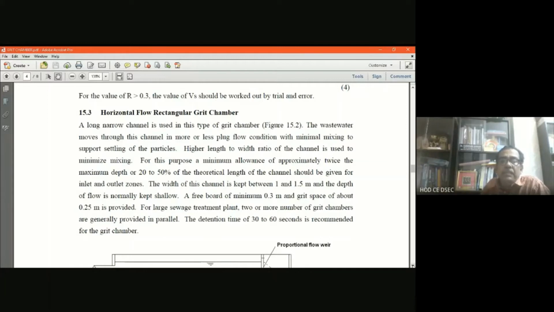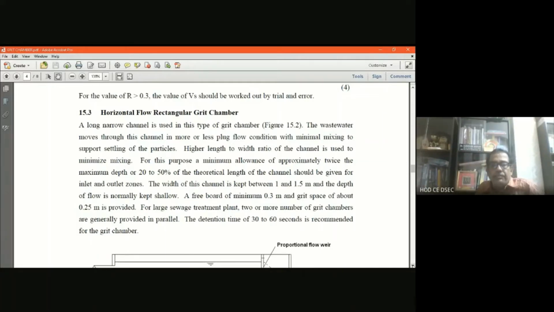For this purpose, a minimum allowance of approximately twice the maximum depth, or 20 to 50% of the theoretical length of the channel, should be given for inlet and outlet. So if we consider the settlement portion as L, then the total length of the channel, including both the inlet and outlet, can be increased roughly by 25 to 30%.